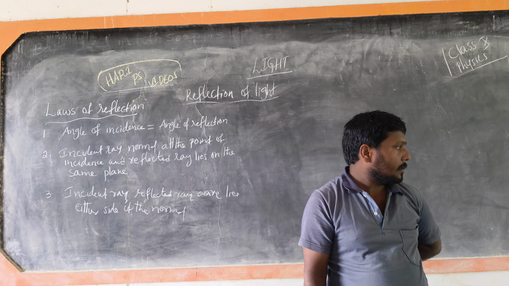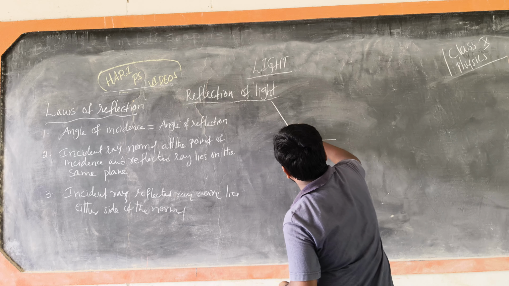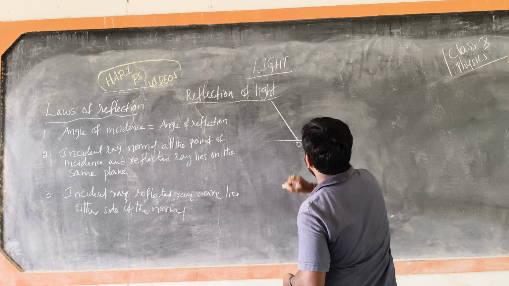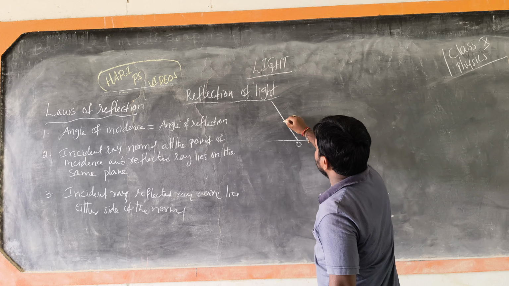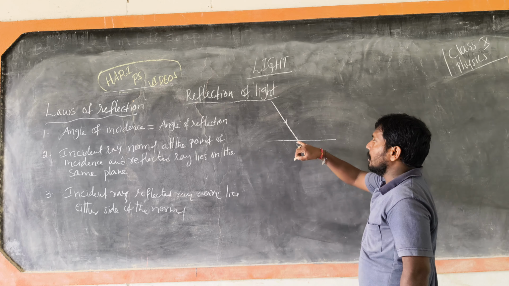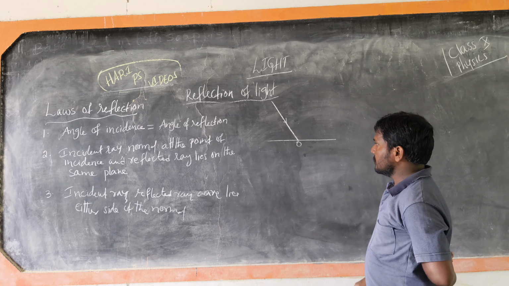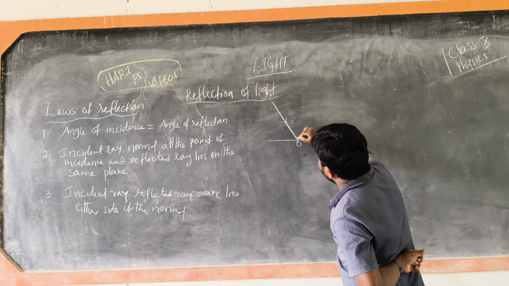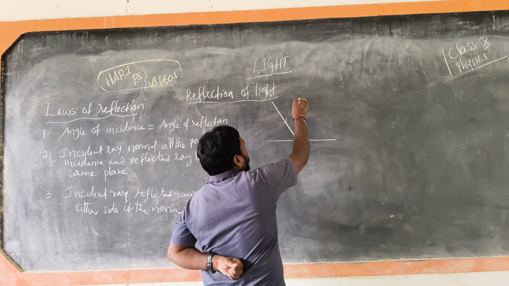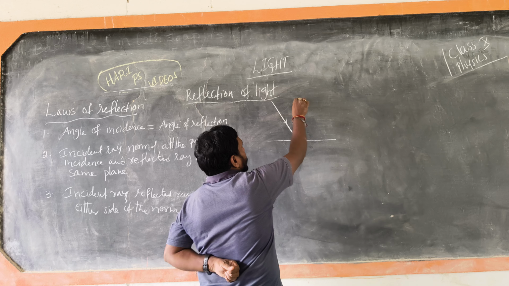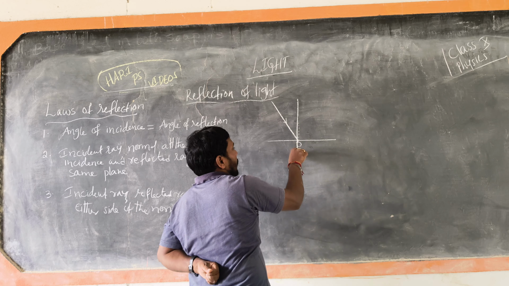As we know, when a light ray is incident on any surface at the point O, the light ray which is incident we call the incident ray. The point where the light is incident is called the point of incidence. From the point of incidence, when we draw one perpendicular line, that perpendicular line is called the normal.